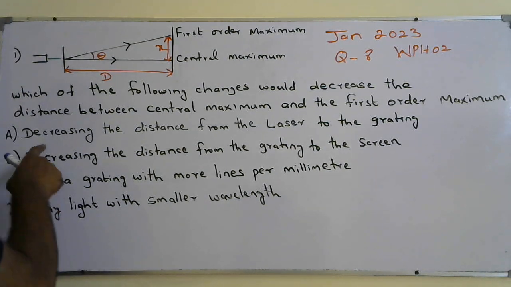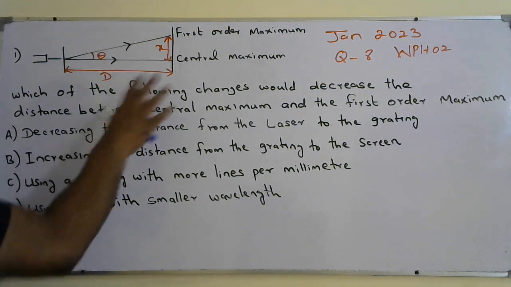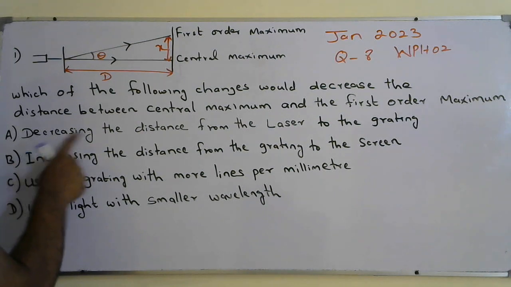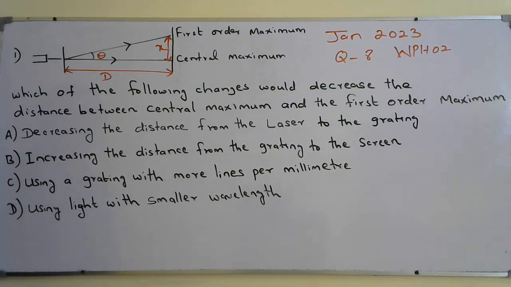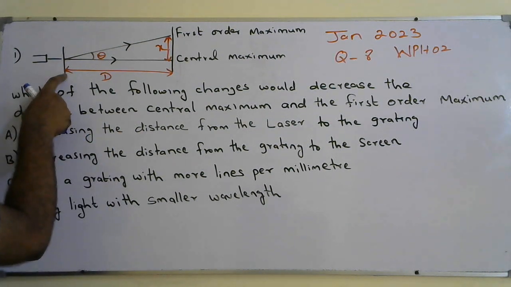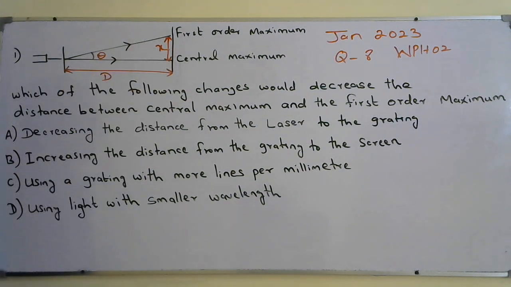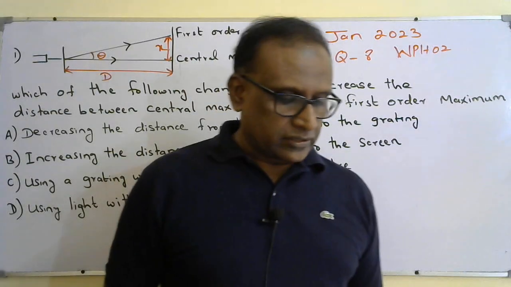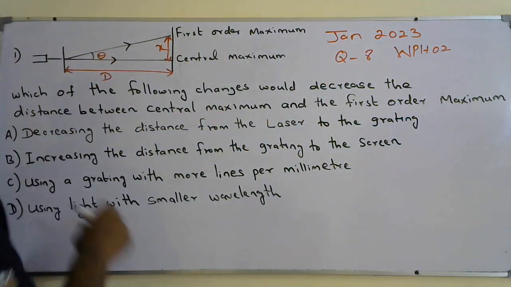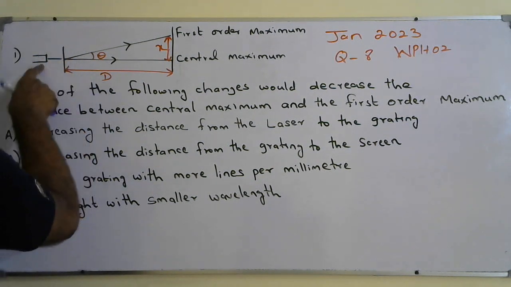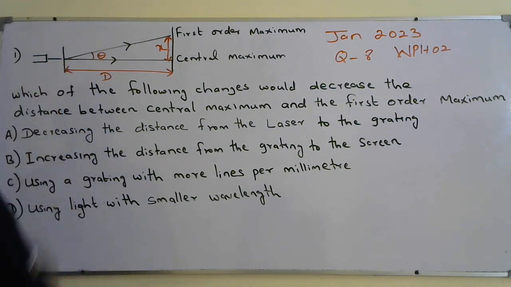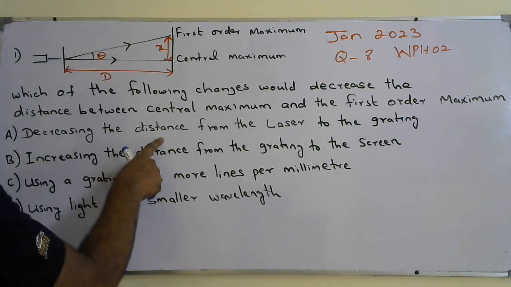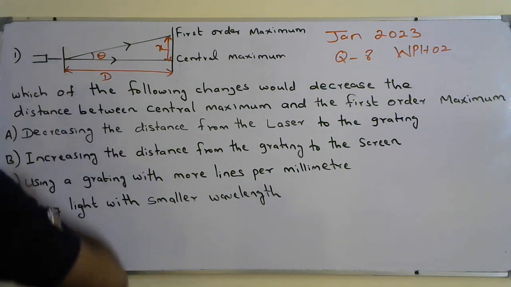So they want to reduce x. Which will cause a decrease in x? Decreasing the distance from the laser torch to the grating. This is the diffraction grating, and this is the laser torch. Decreasing the distance from the laser torch to the grating has no effect.